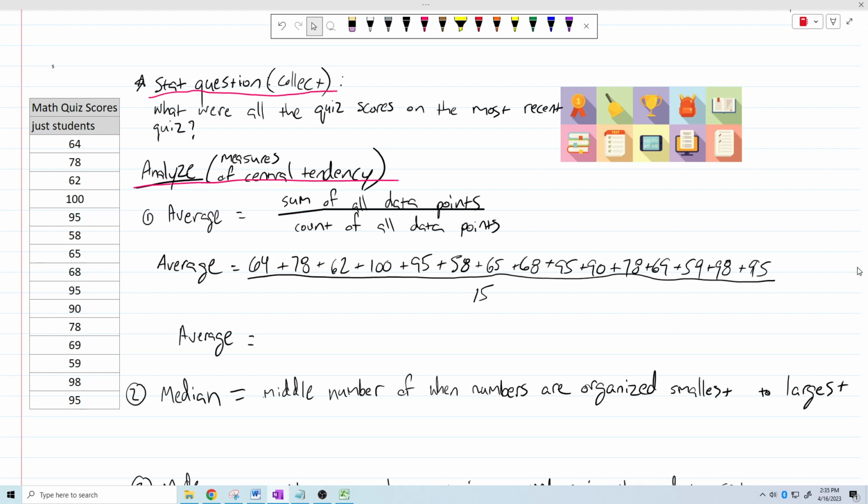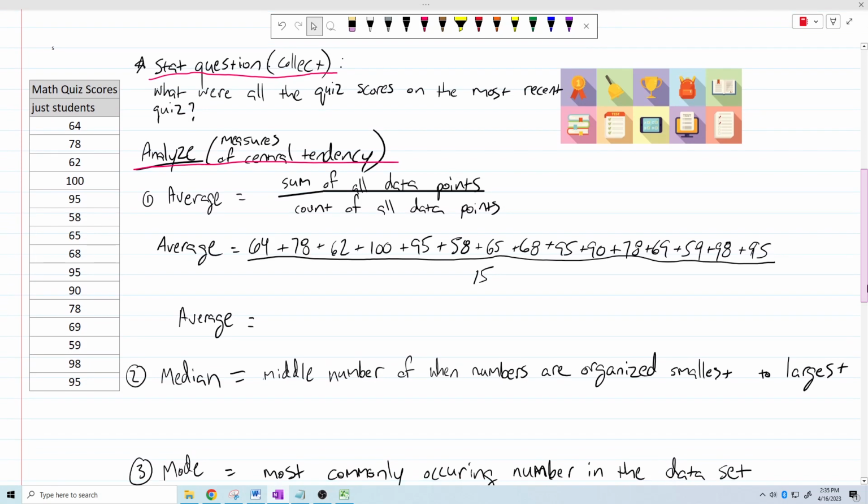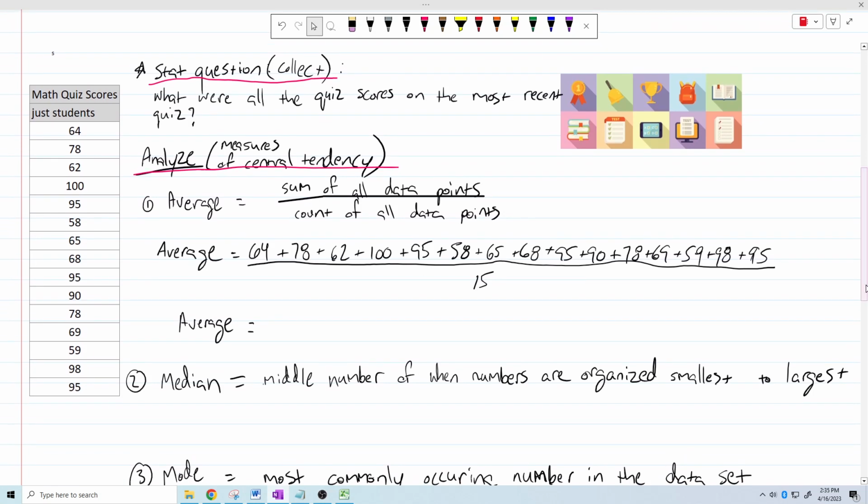Basically, I want to find all three: my average, my median, and my mode. So, a refresher as to what average is. Average is adding up all of the data points together and then dividing by how many there are.